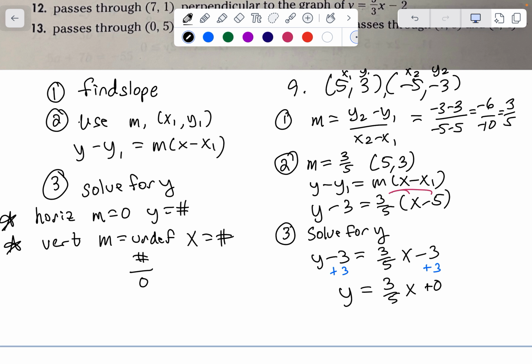Now I'm going to let everybody catch up with that, and then I want to talk about the last ones that talk about parallel and perpendicular, okay? Any questions about number 9?